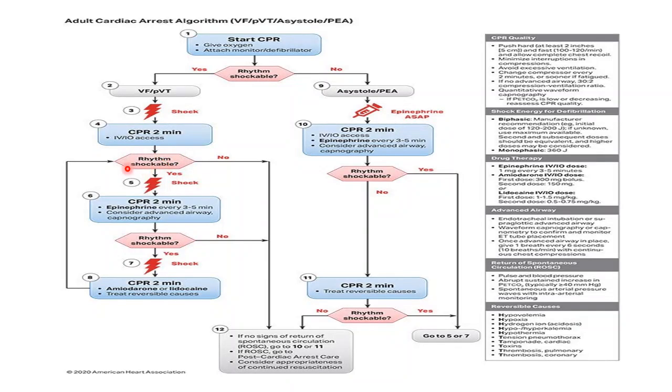But if the rhythm becomes non-shockable at any moment, then stop giving shocks. In that case, if the patient has not revived, that is, no ROSC is attained, then you have to go to 10 or 11.